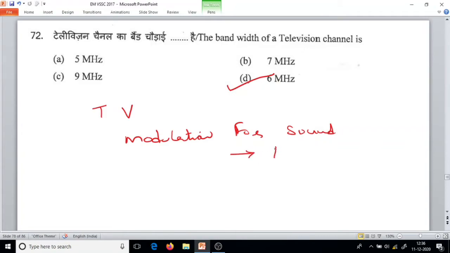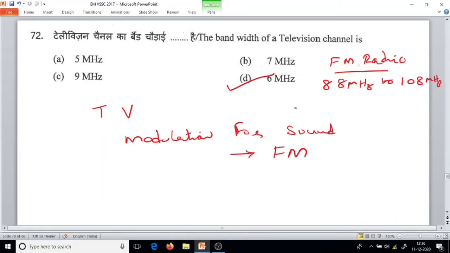It is frequency modulation, FM. What is the frequency range of FM radio? All of us know, 88 megahertz to 108 megahertz is the FM frequency range.